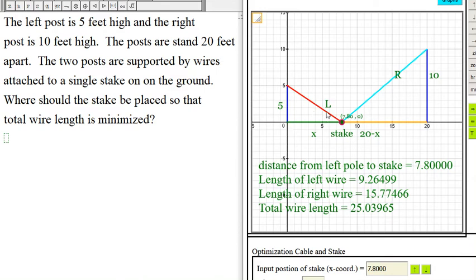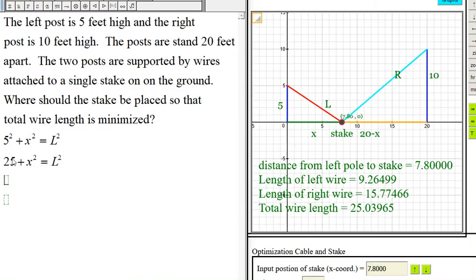and this is always going to be 10. And so for this right triangle right here, we're going to have 5 squared plus X squared is equal to L squared. And then this becomes 25 plus X squared is equal to L squared.